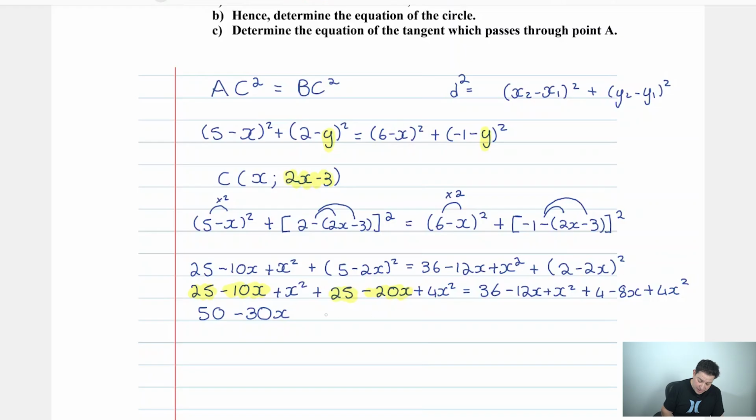And x squared plus 4x squared is 5x squared equals. Let's add our like terms here. We only have 36, so that is 36. And then minus 12x minus 8x is minus 20x.